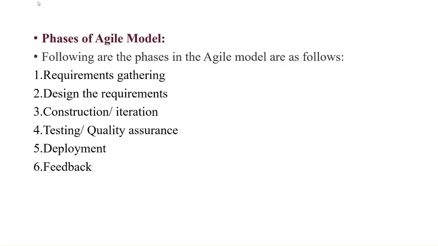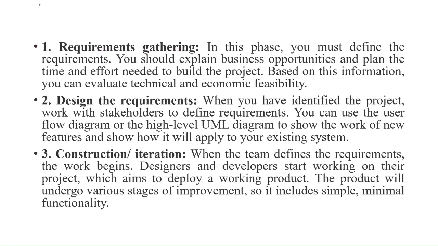Phases of the agile model. We have six phases: requirement gathering, design the requirements, construction or iterations, testing or quality assurance, deployment, and feedback. We will discuss these six phases one by one. The first phase is requirements gathering.